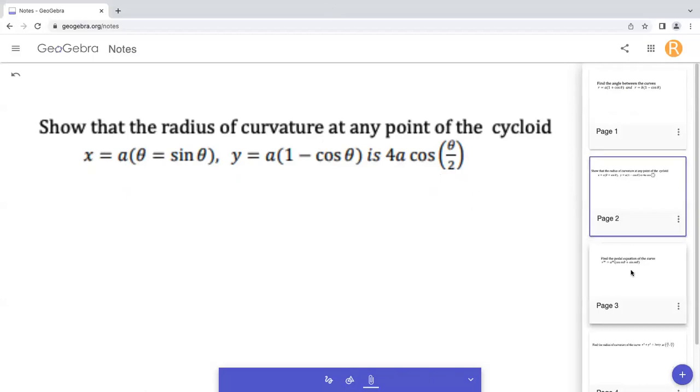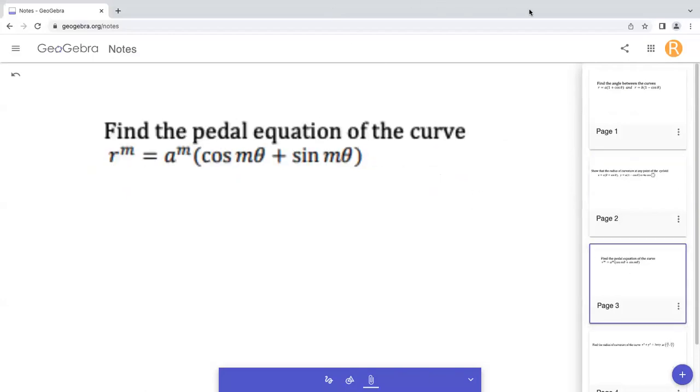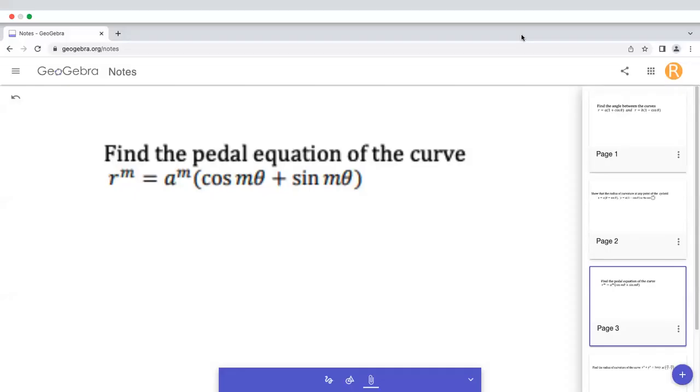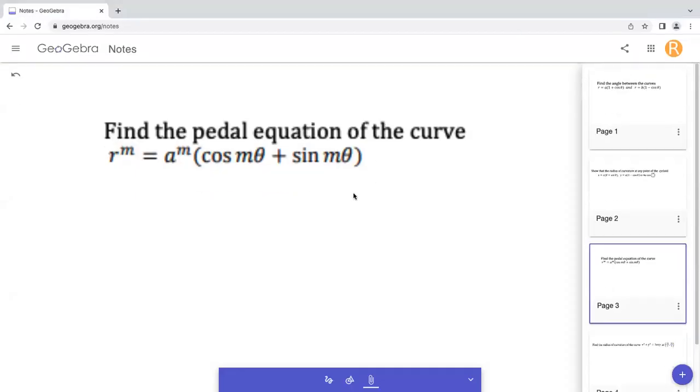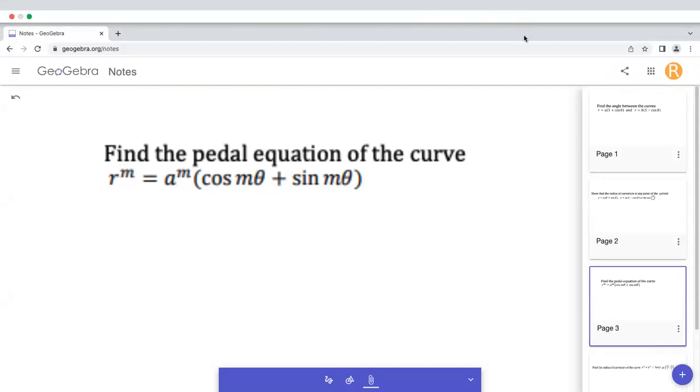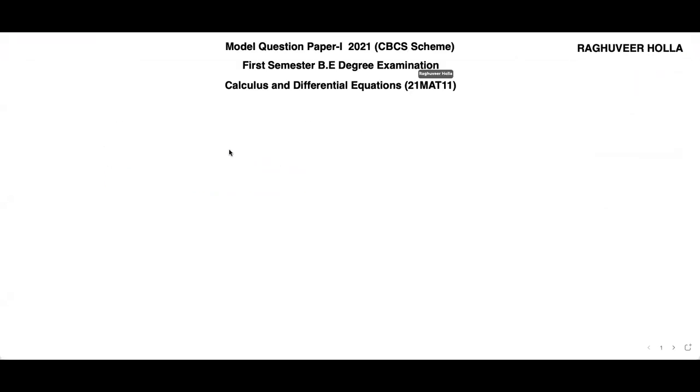Okay, let us look at another problem. Let us find the pedal equation of the curve. So we shall solve that. Now let us write down the question.